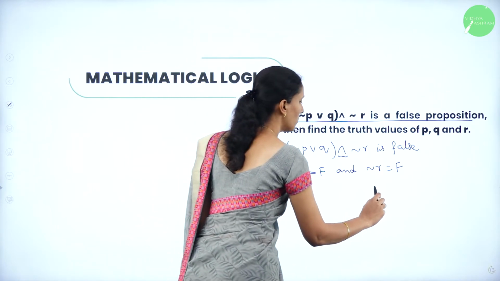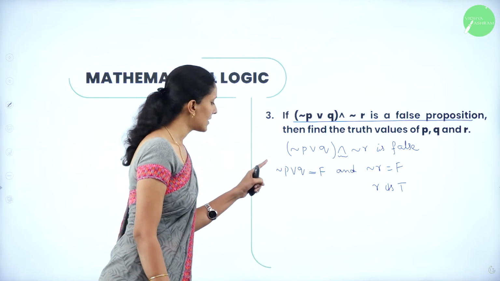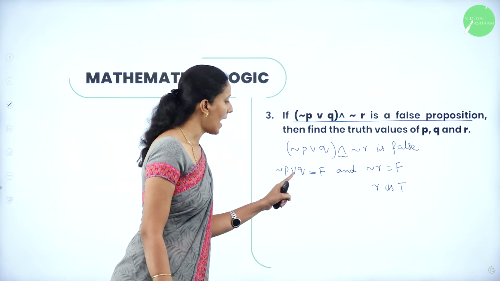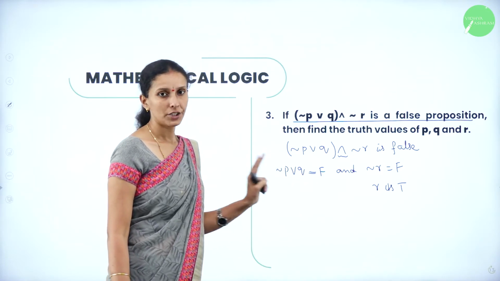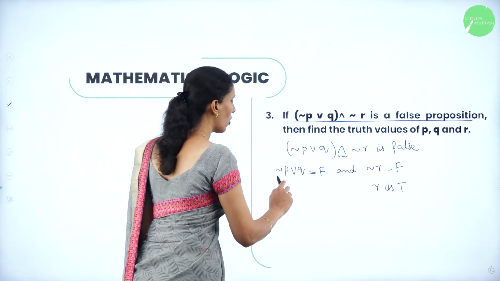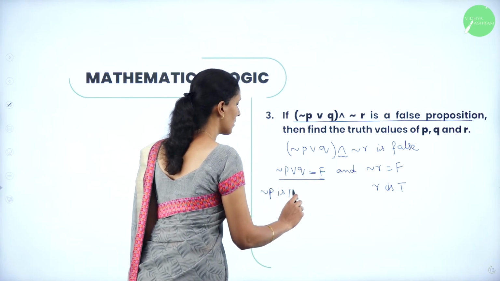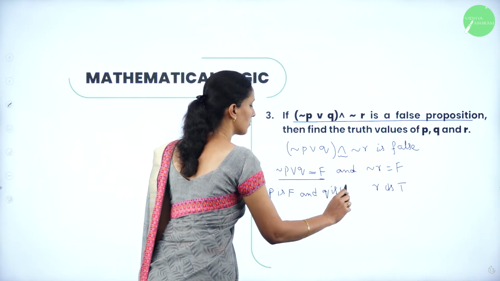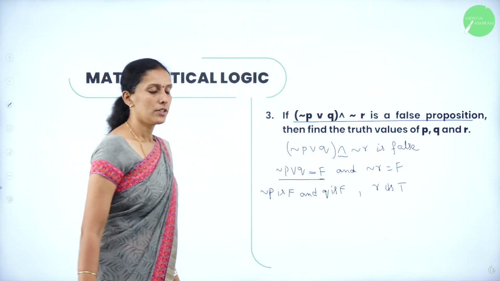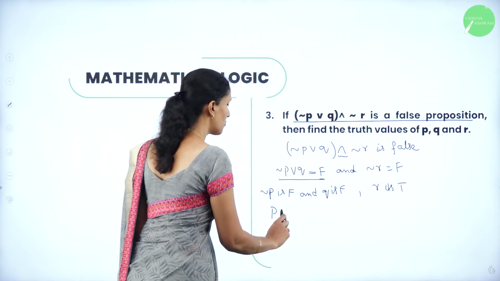If R is true. Now, when does negation P and Q become false? It is false if both the conditions are false. So according to this statement here, negation P is false and Q is false. So now, when is negation P false? When P is true.